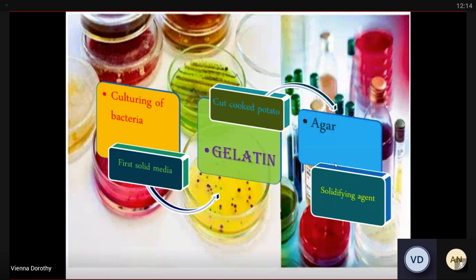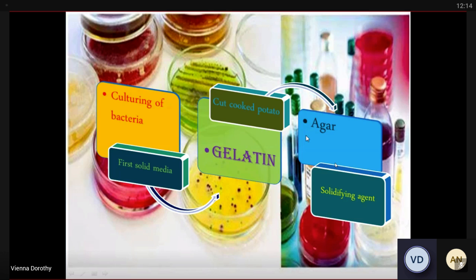So he thought, yes, solid media is beneficial. We could separate out and find out what the different types of organisms are. And if I want to pick up one particular organism, I could do that using a solid media. So that was the first solid media he used.